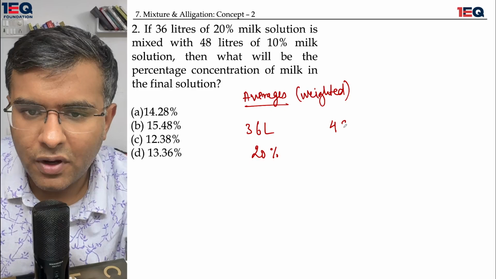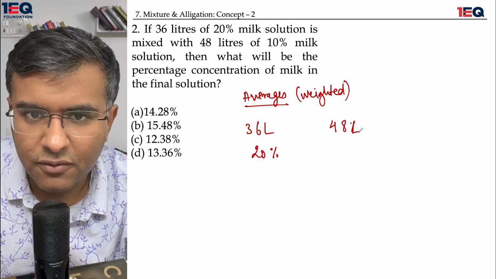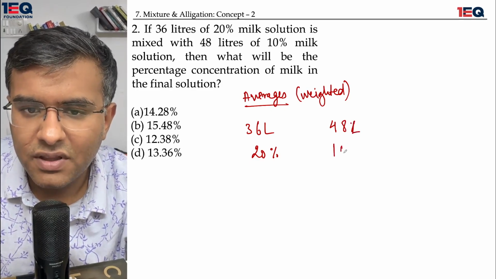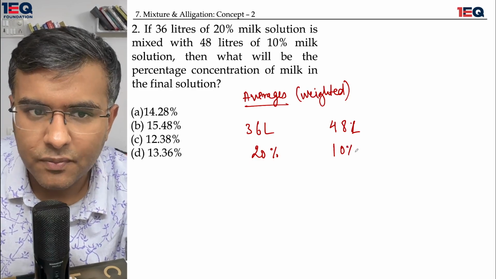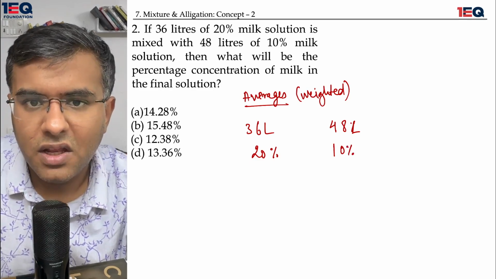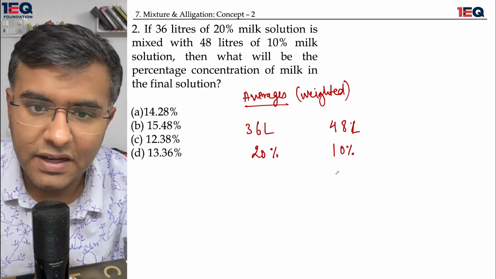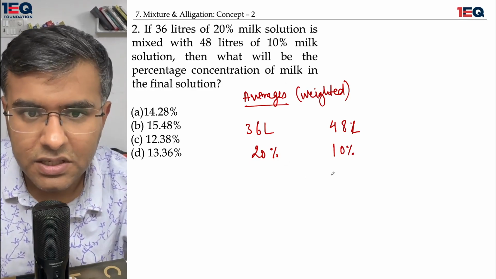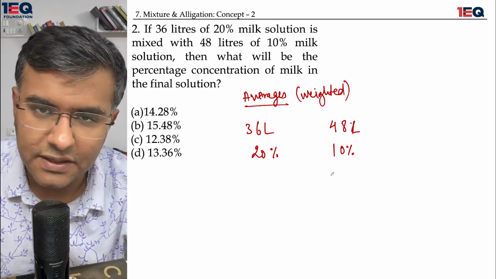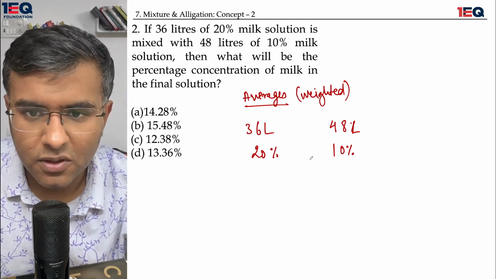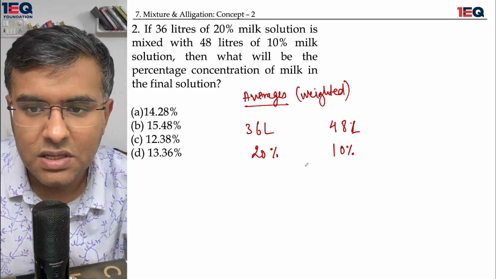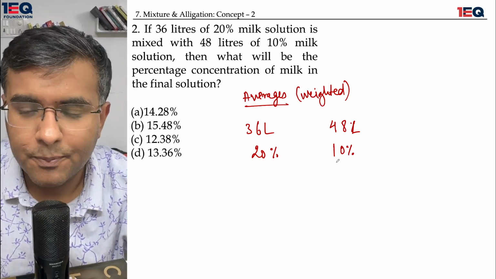Similarly, there are 48 liters of a solution with 10% potency. Now, what will be the percentage concentration of milk in the final solution? For this particular purpose, I'll use the averages formula.